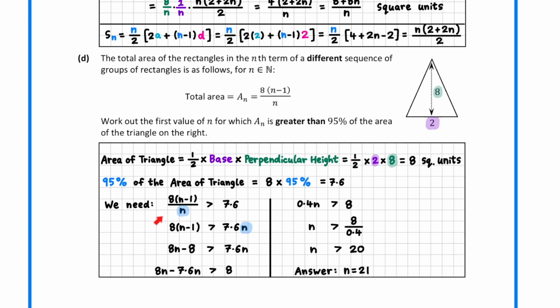We multiply both sides by n, multiply the brackets on the left, subtract 7.6n from both sides, simplify, and then divide both sides by 0.4. n is an integer, and n must be strictly greater than 20. The smallest value of n which satisfies these conditions is n equal to 21.